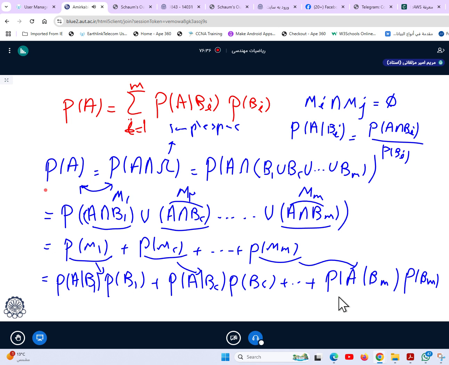You see that we start with probability of A, and then we obtained this formula that is equal to these summations. So we prove the total probability formula.